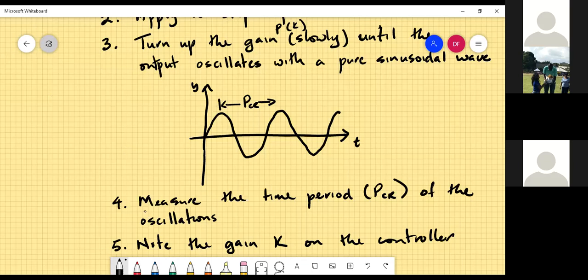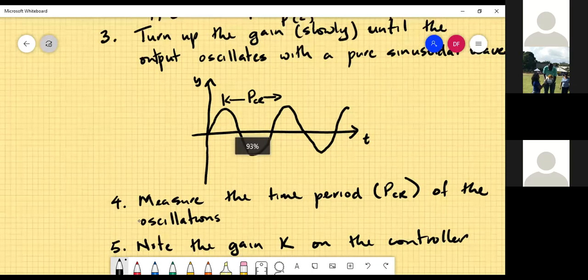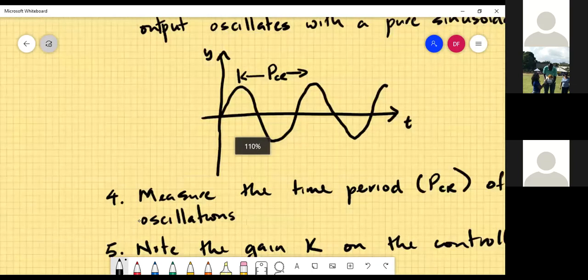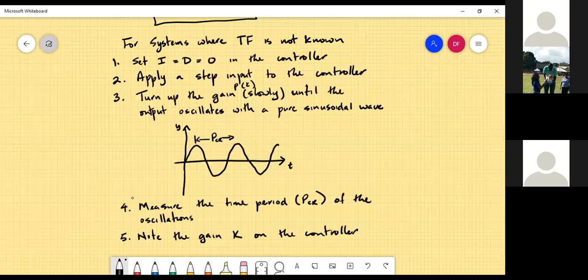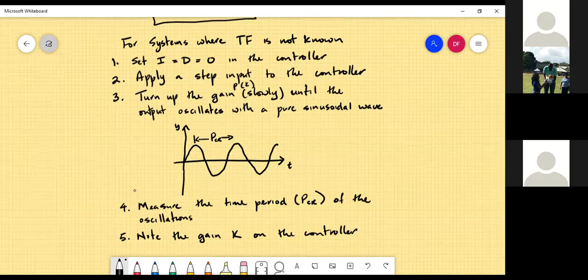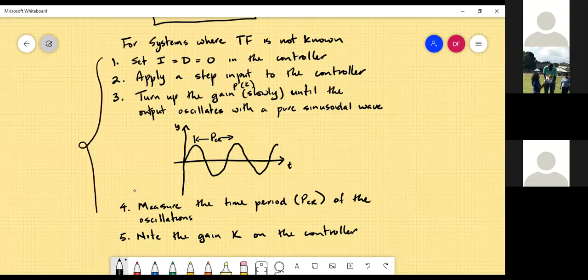All right. These are the steps that you would take if the transfer function of the system is not known.